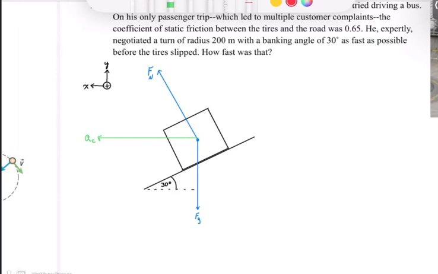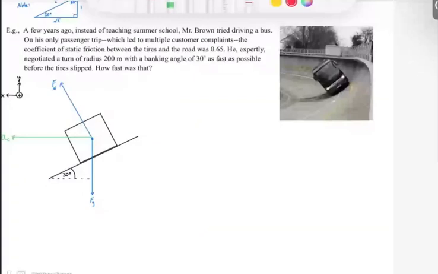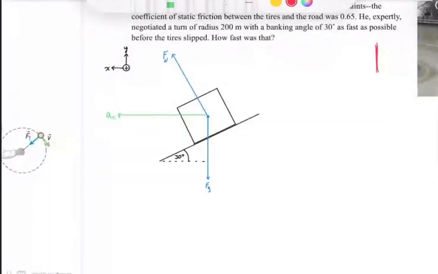However, because I know this thing is going around, there's some center line here, some axis of rotation over here, and this thing is going circular around it. It just happens to be on some banked angle. So because this thing is accelerating that way, I think it's easier to let that be my x direction. That way, when I want to calculate the centripetal acceleration, I don't have to break it into components.